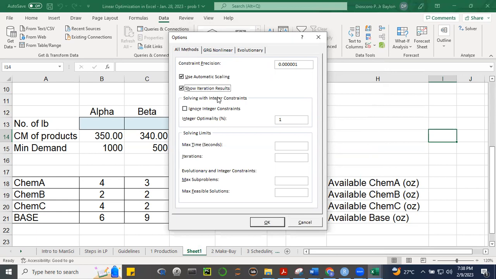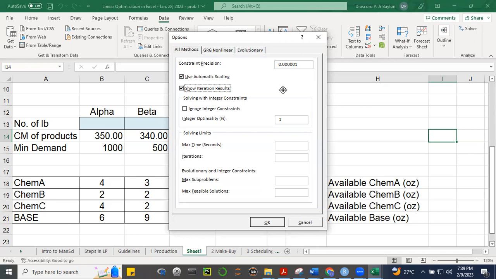Now, Excel makes use of a method called the simplex algorithm. There are other methods that are more powerful than the simplex algorithm, but it has its place in linear modeling, so we will not veer away from that. It's a tried and tested method. But as I said, there are other methods that have been proven to be better as far as output is concerned.